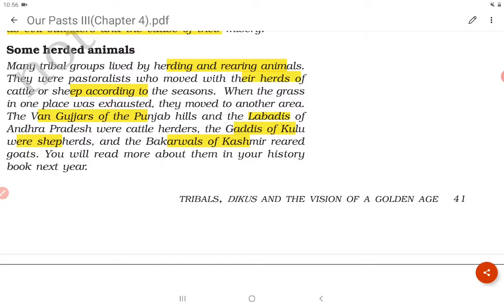The Van Gujars of the Punjab hills and the Labadis of Andhra Pradesh were cattle herders. The Gaddis of Kulu were shepherds, and the Bakarwals of Kashmir reared goats. You will read more about them in your history book next year.